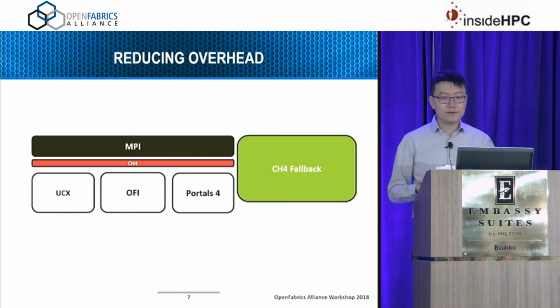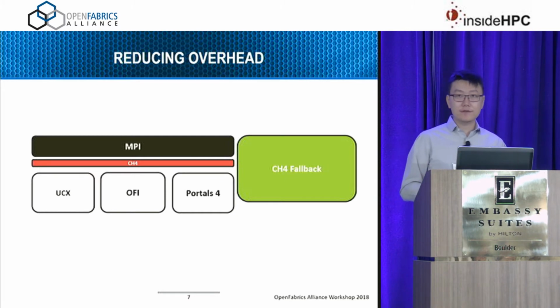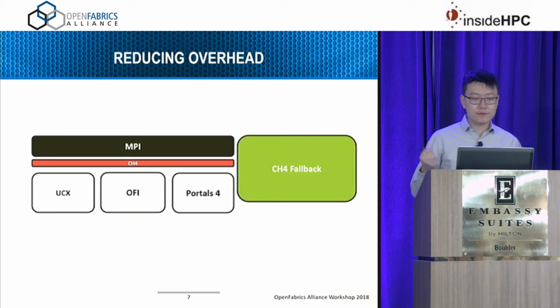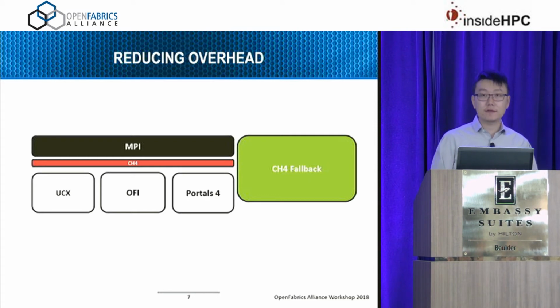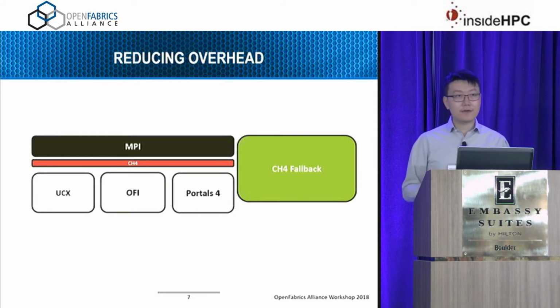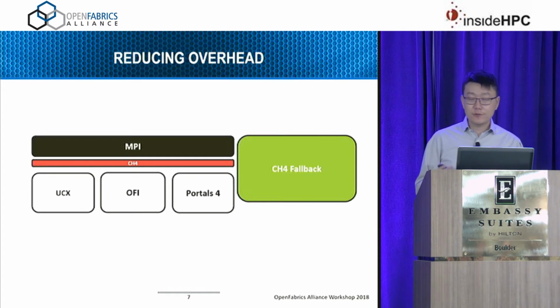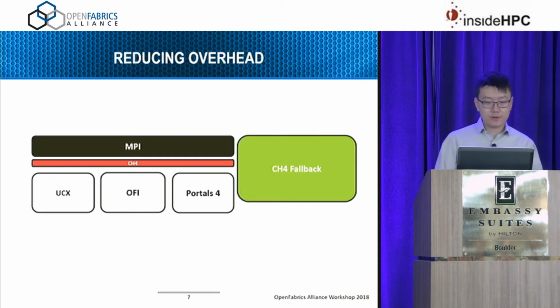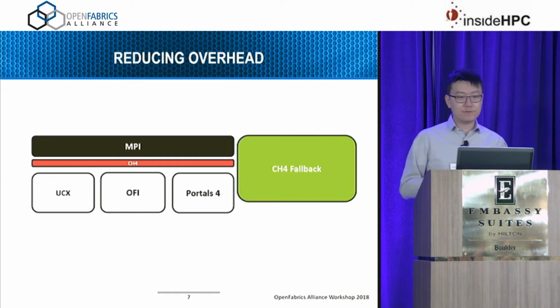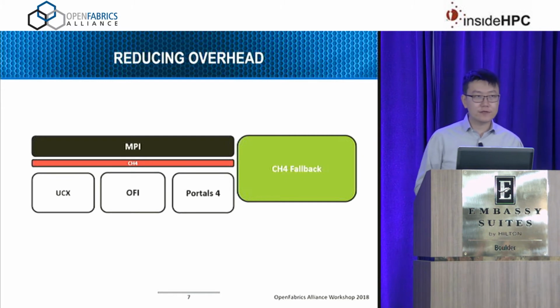So if your hardware doesn't have a hardware accelerated collective, you can still do collectives with the existing algorithms. The benefit is that for really fast hardware, we have really low overhead. The measurement we got is that MPI send is only around 40 instructions.